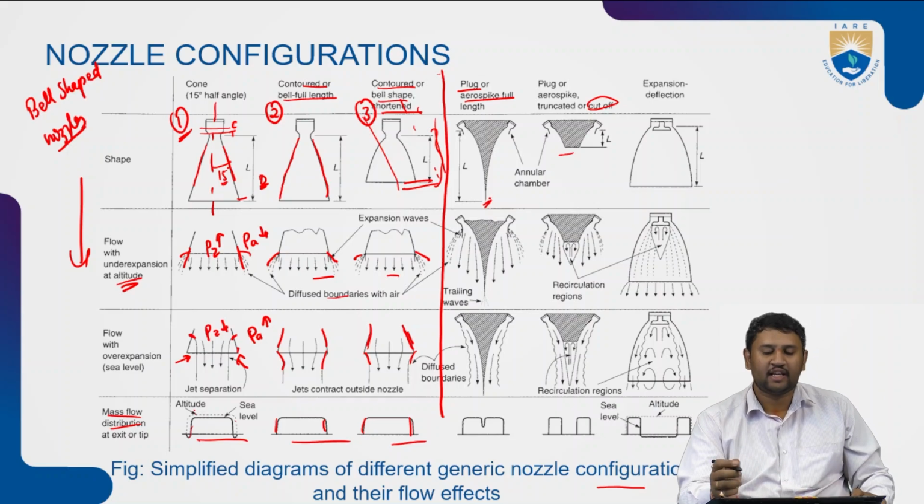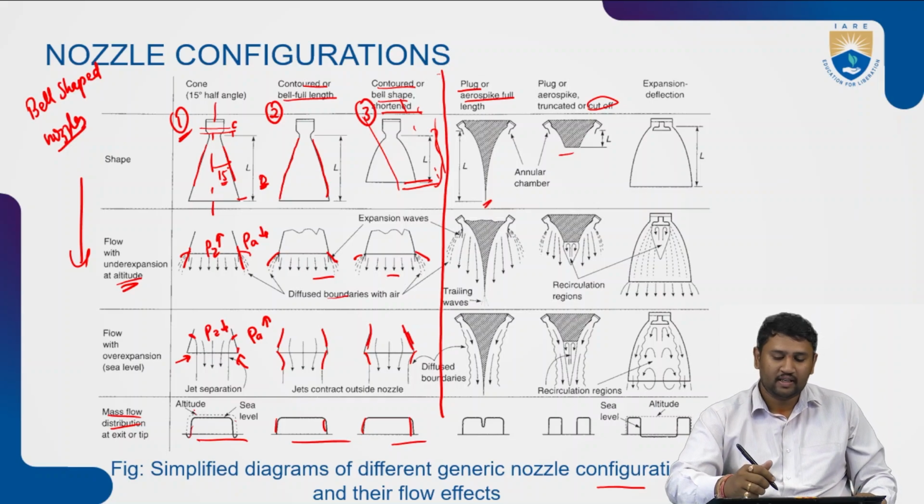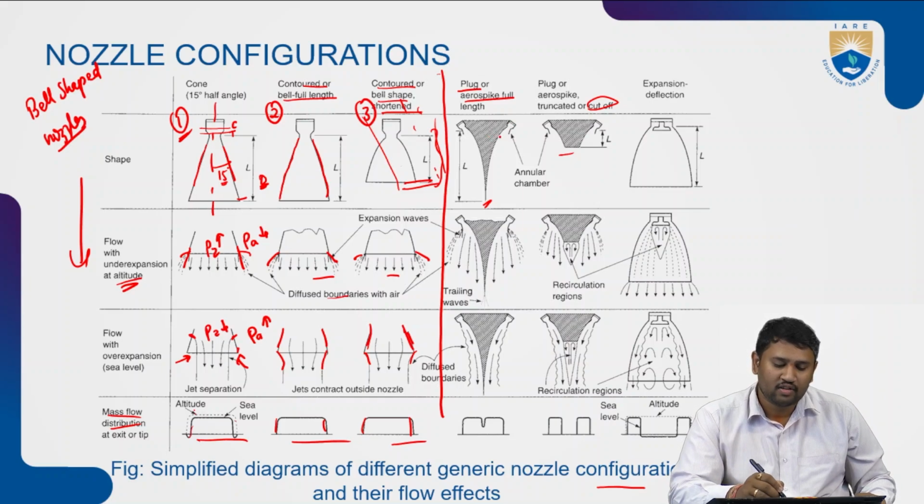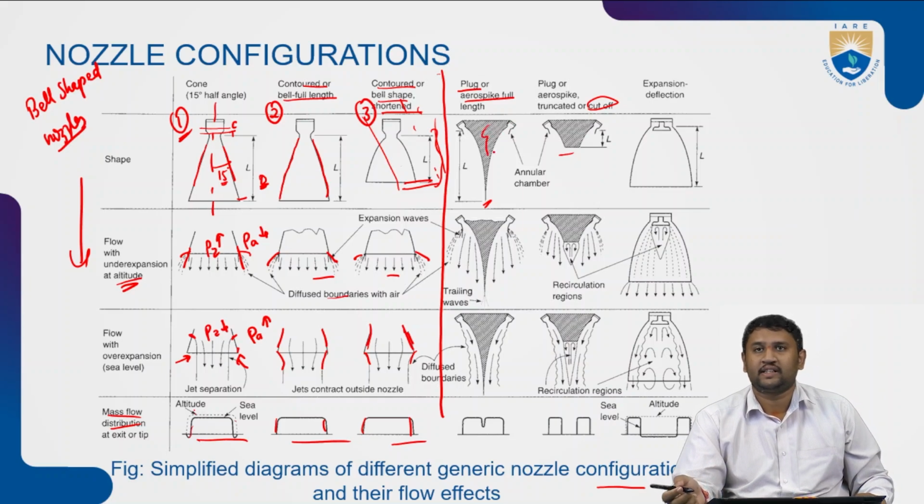We'll be getting an aerospike geometry. Right? Now, in this what happens? Instead of sending the flow in a complete nozzle set, you're redirecting the flow onto the wall of an aerospike. Right? Onto the wall of an aerospike.